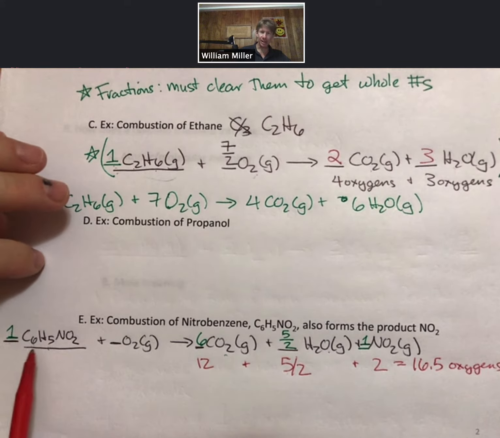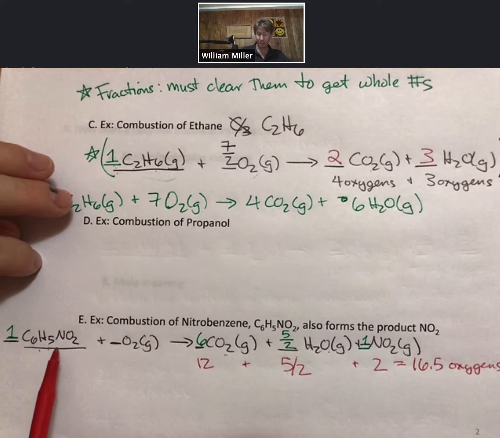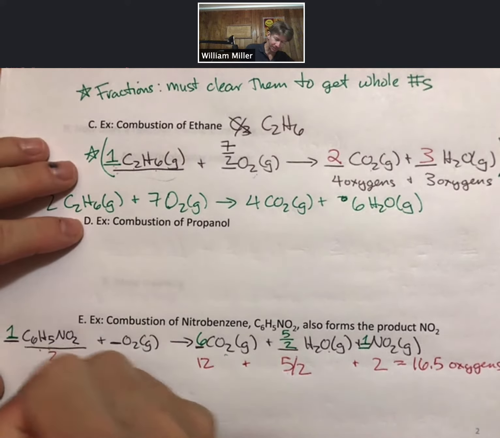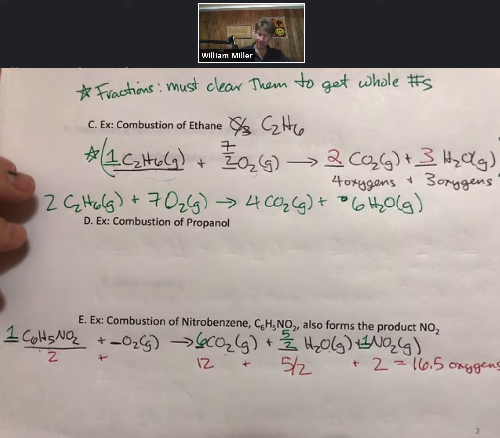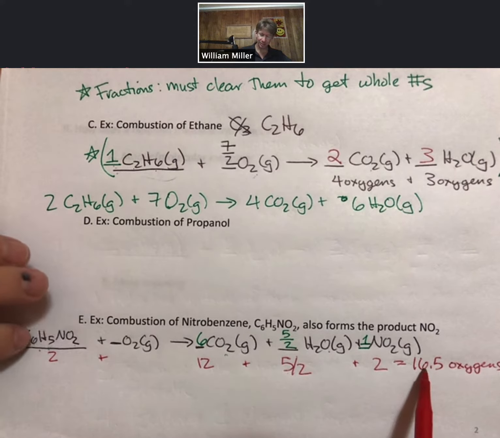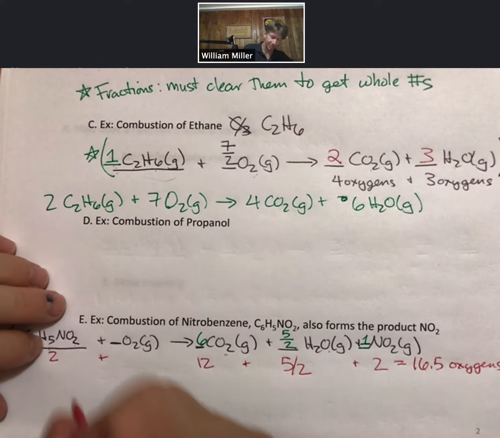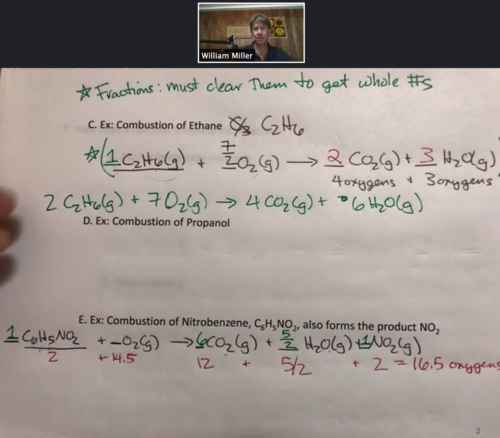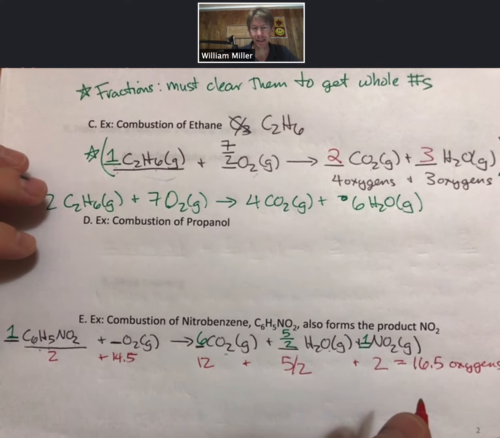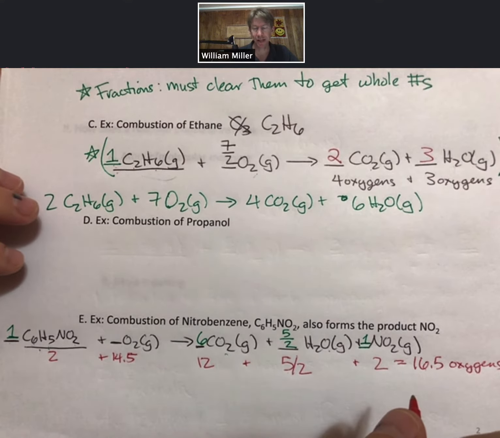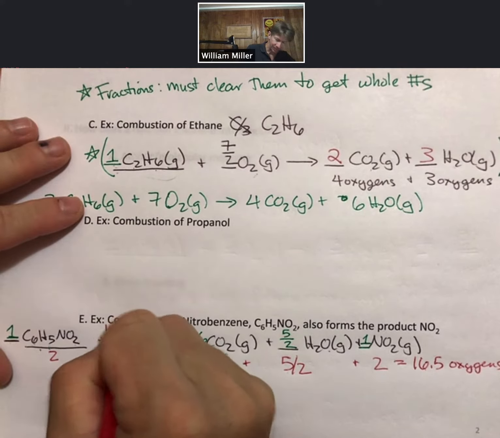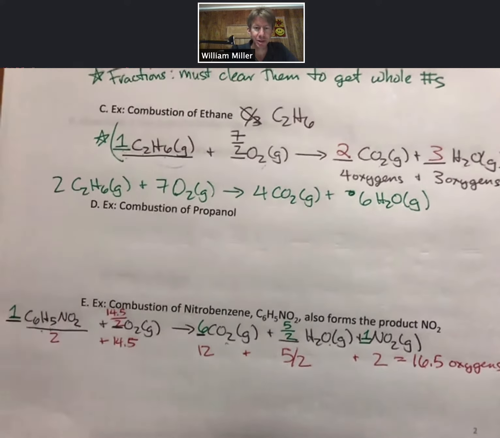And on my reactant side, what's different about this problem than previous ones is there are 2 oxygens here. And that means that I need 16.5 minus 2, or 14.5 here. And since oxygens come 2 at a time, I need 14.5 divided by 2 as my coefficient for oxygen.